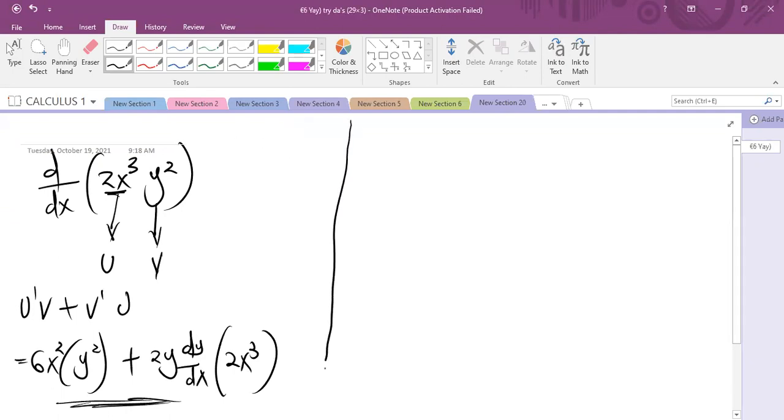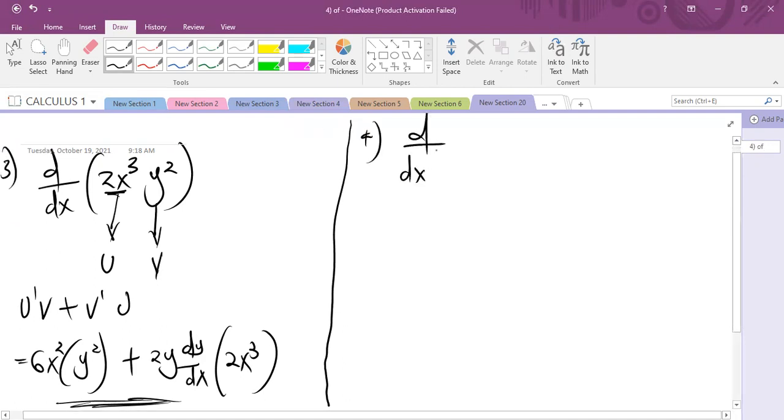And finally, you're being told to get d/dx of 3y over 2x. So how do you go about this? Now, this is a quotient, so we will use the quotient rule. We have both x and y. We will let this be u, and we will let this be v.